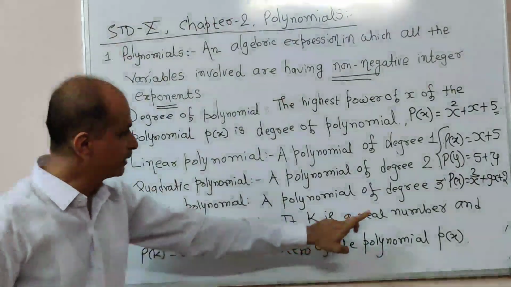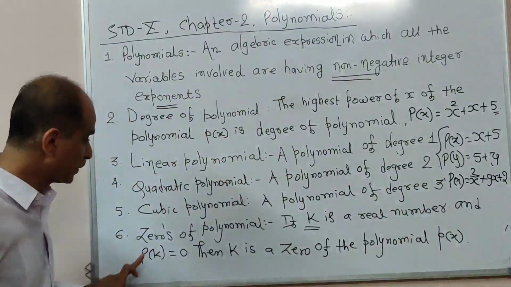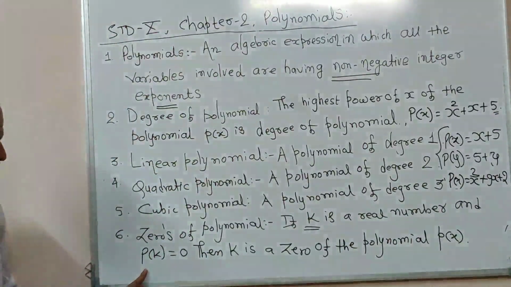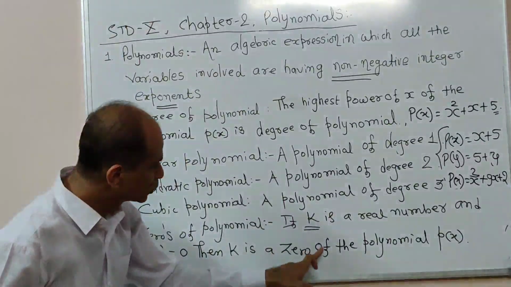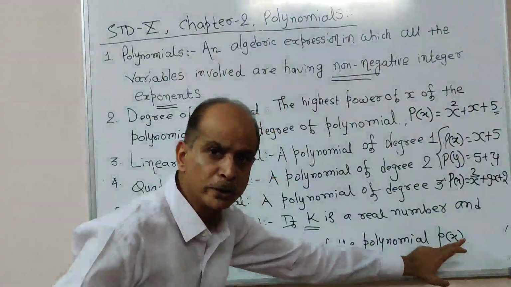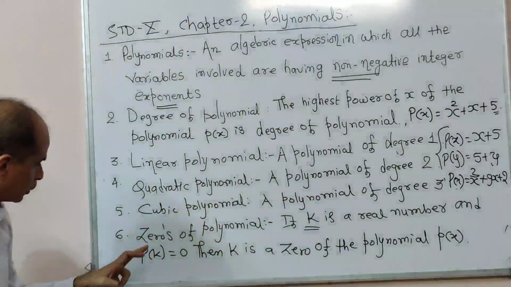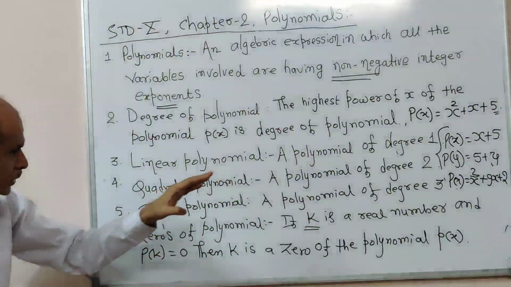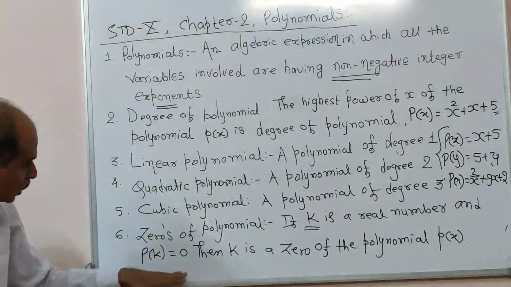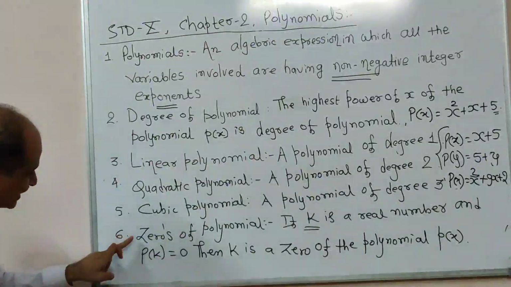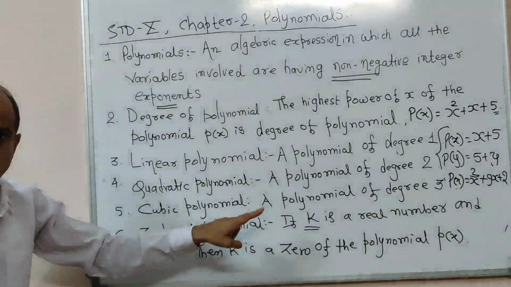If k is a real number and p(k) is equal to 0, then k is known as a zero of the polynomial p(x). It means if you place the value k in a polynomial and it is 0, then we can say that it is a zero of the polynomial.